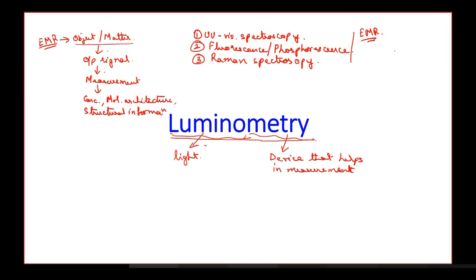Now, this luminometry is a specific kind of spectroscopic system wherein we do not need a source. We do not need a source, okay? The source is within the sample itself.